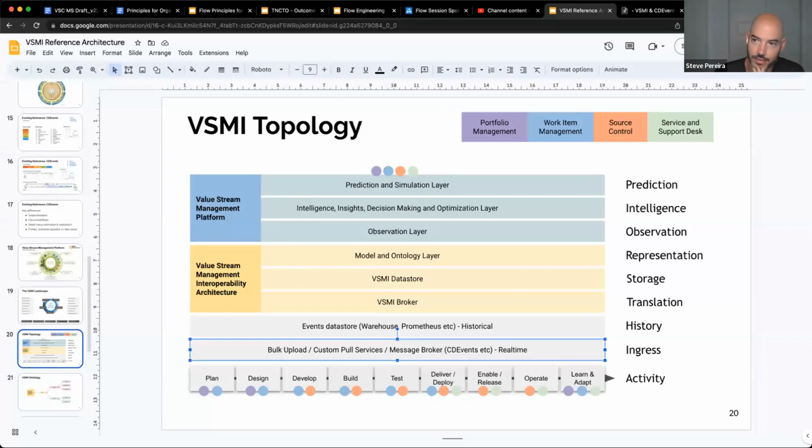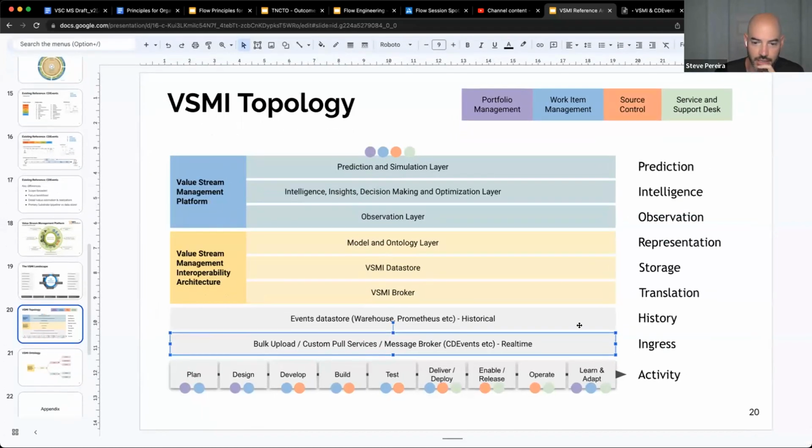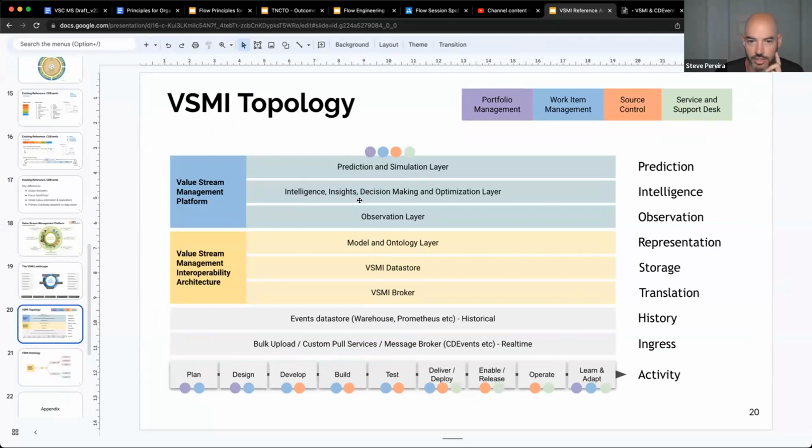So this is what we've been putting together to establish a large scale representation of the landscape, where we have the familiar activity layers, where you'll see that we're representing slightly more scope than something like CDEvents would have in its immediate purview.